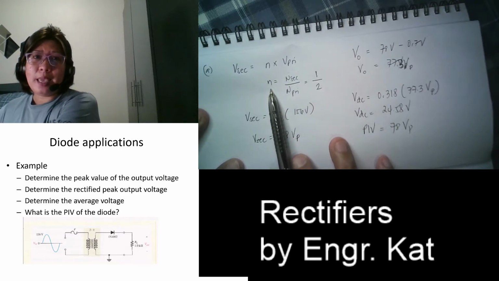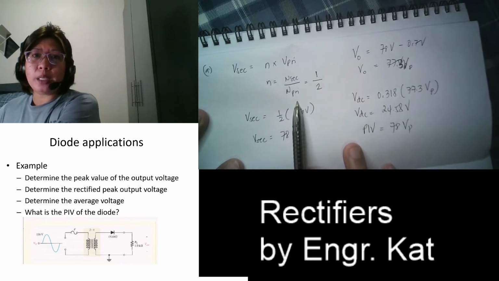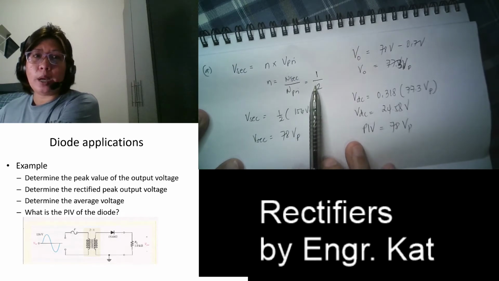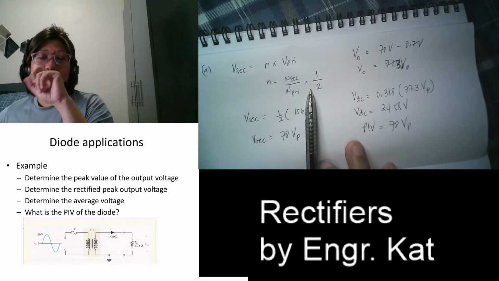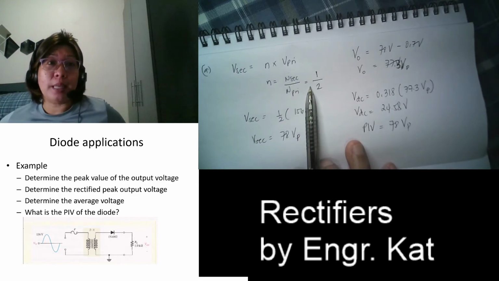What is N? N is equal to the secondary winding divided by the primary winding. The secondary winding is 1 and the primary winding is 2. So your N is equal to 1 half or 0.5. 0.5 is less than 2.